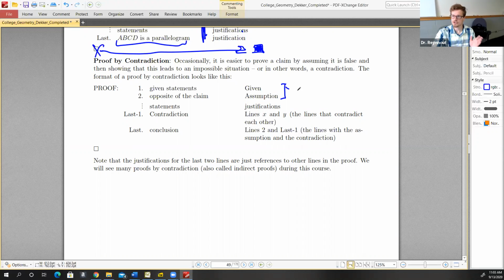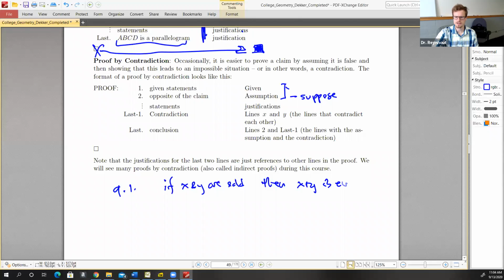Typically what I do is I assume the things that are given and then use the word suppose. Suppose the opposite of the claim is true. So if I wanted to do, referring back to Theorem 9.1, if I wanted to prove if x and y are odd, then x plus y is even.